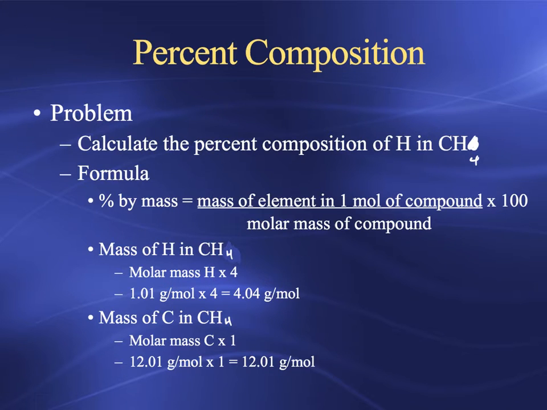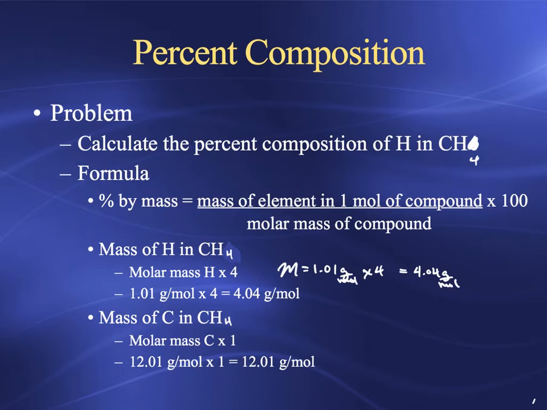From your periodic table, the molar mass of a single hydrogen atom is 1.01 grams per mole. In this instance, I have 4 of them.